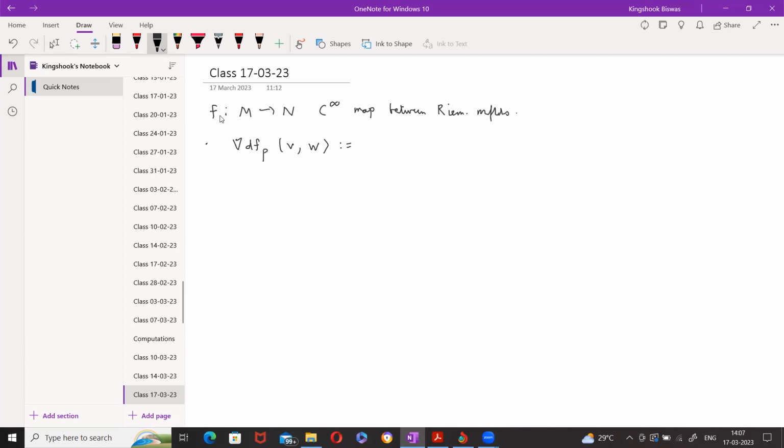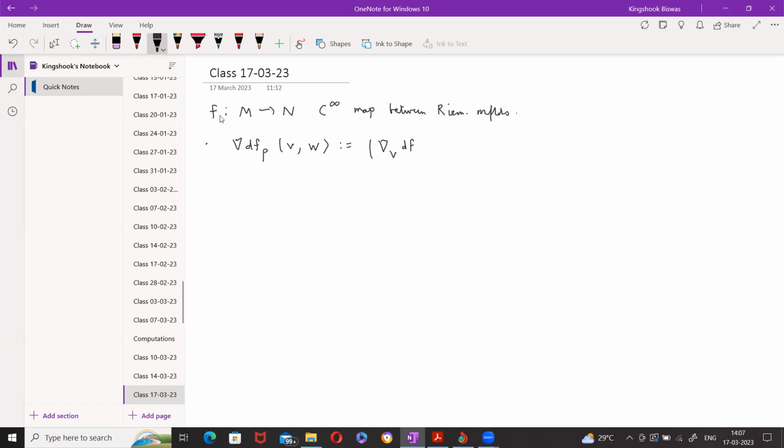This was defined as follows: you think of df as a section of T*M tensor the pullback bundle F*TN. Then for the tangent vector V, you can differentiate this section with respect to V. So you look at nabla_V df.